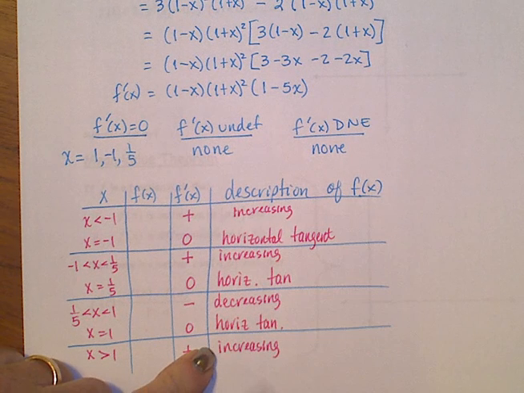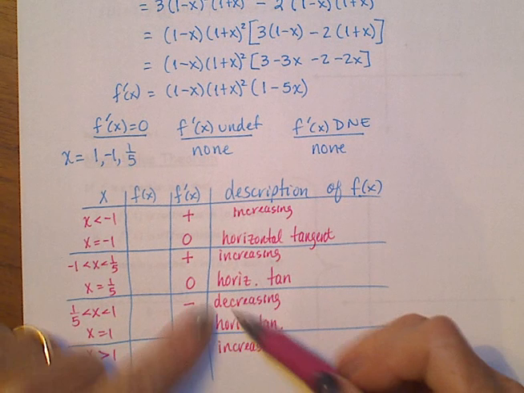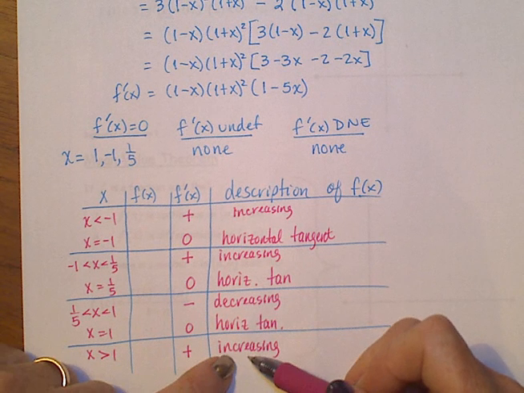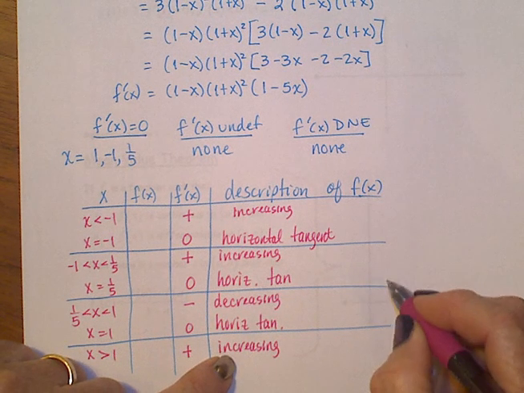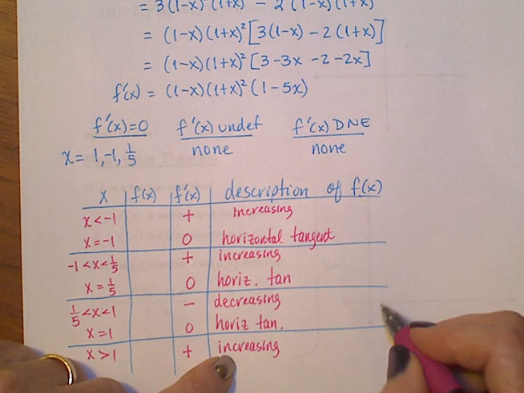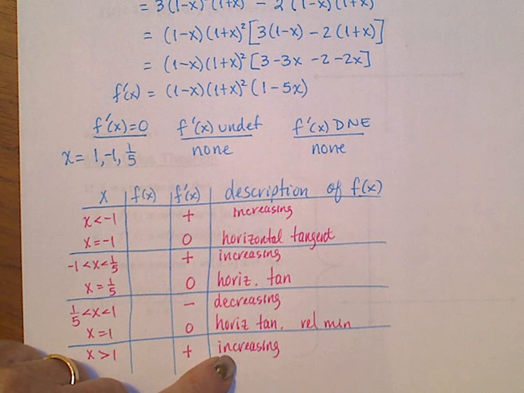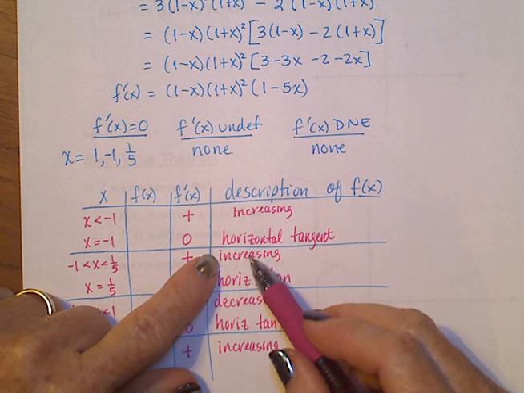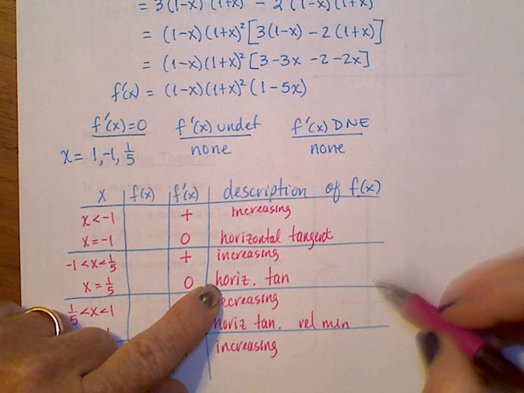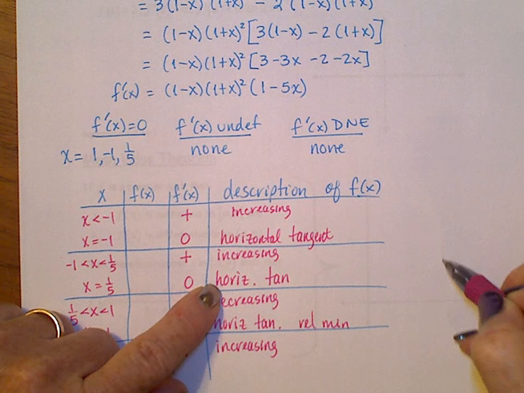All right, now think with me for a minute. I'm going to bounce around here. We are decreasing on f of x, changing to a horizontal tangent, and then increasing. A function that decreases, flattens out, and then increases. That's a relative minimum. And right here, a function changing from increasing to decreasing at a horizontal tangent. So that function is increasing, it flattens out to a horizontal tangent and then decreases.